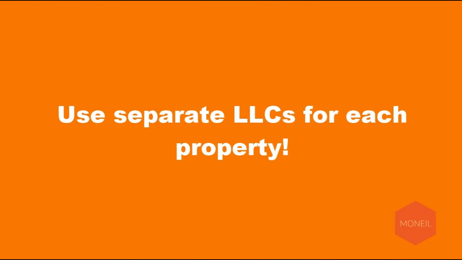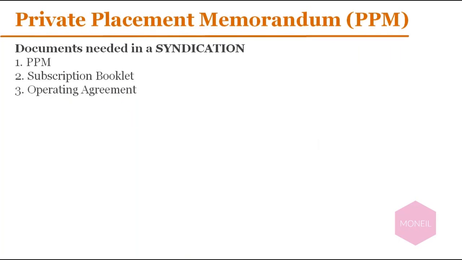So there are three parts: the private placement memorandum, the subscription booklet, and the operating agreement. Along with these three things that the syndication attorney puts together, we have to give lots of exhibits, maybe to the tune of 12 to 15 exhibits.